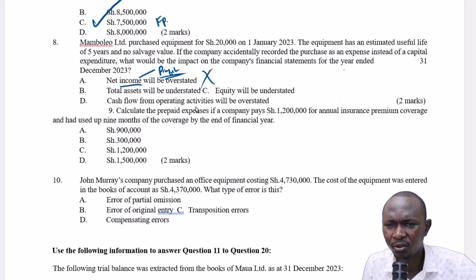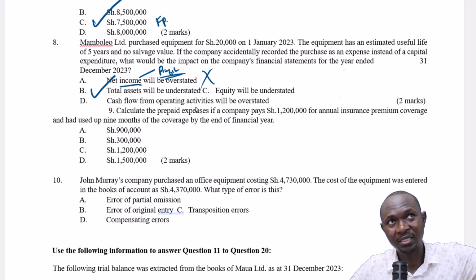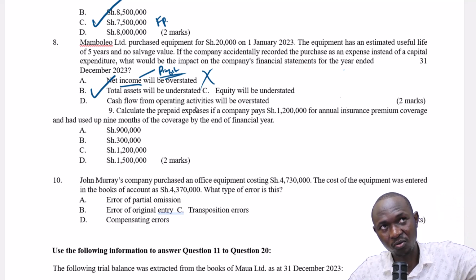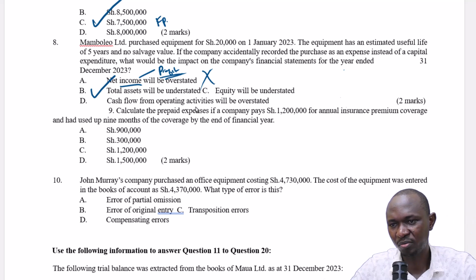Then total assets will be understated. This is correct by all means. Total assets will be understated because you're supposed to include that cost under the assets, but it has not been included. So definitely it will be understated. See, equity will be understated?